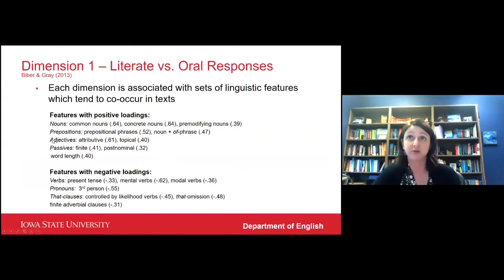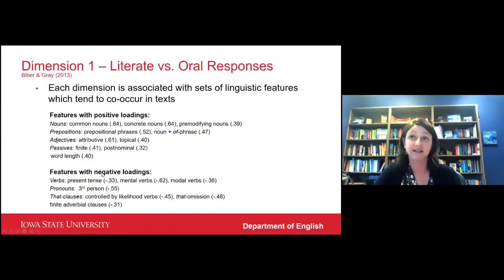So these features with positive loadings, this means that these features tended to co-occur in a text. So if a text had a high frequency of common nouns, they also tended to have a high frequency of concrete nouns, a high frequency of pre-modifying nouns, of attributive adjectives, and the remainder of these features.